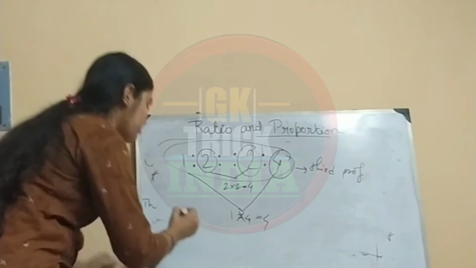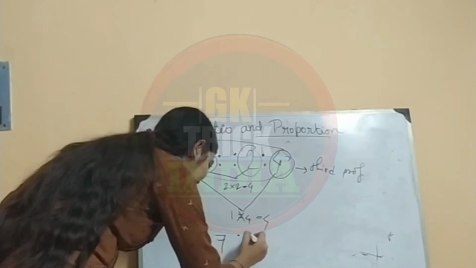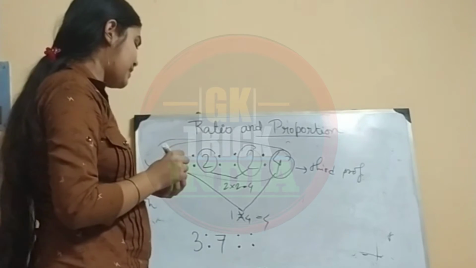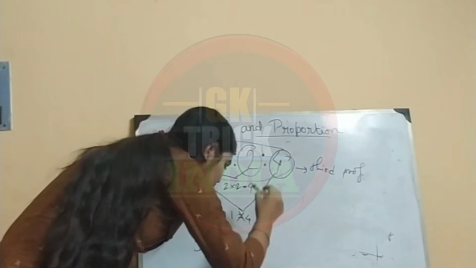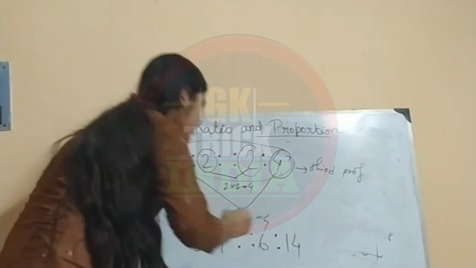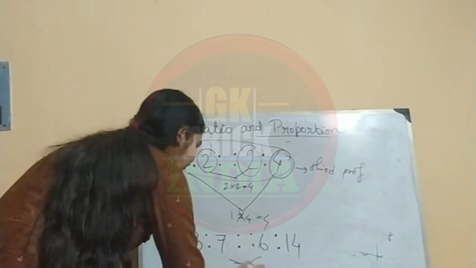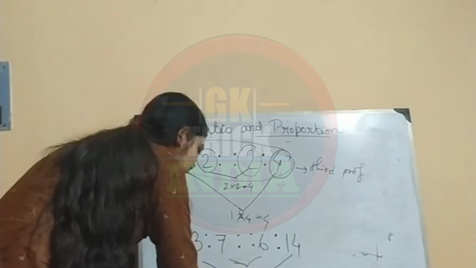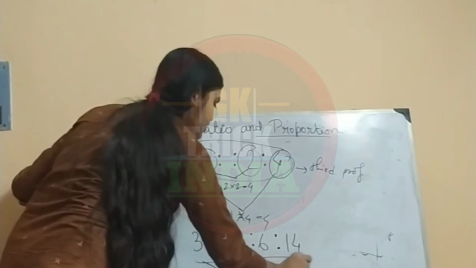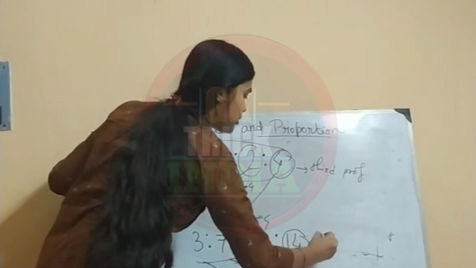Let us take 2 prime numbers, like 3 is to 7 as 6 is to 14. Okay. So look here, 7 into 6 equals 42 and 3 into 14 equals also 42. Okay, so these four are in proportion, and here look, this is the fourth proportion.